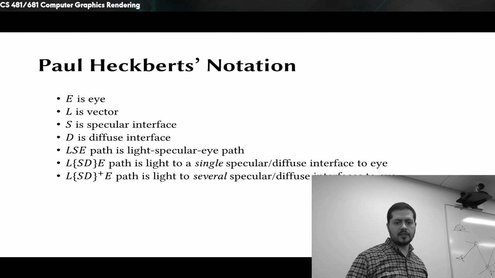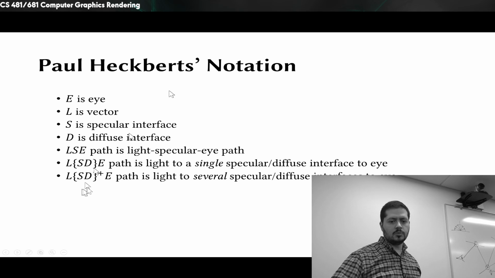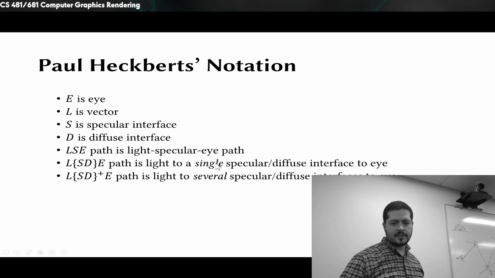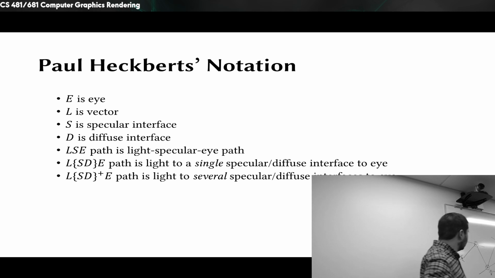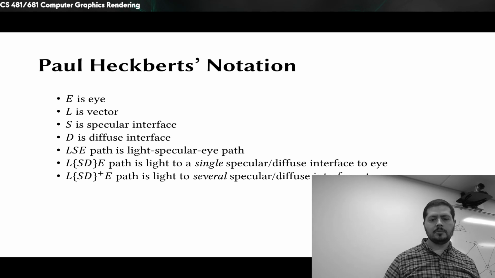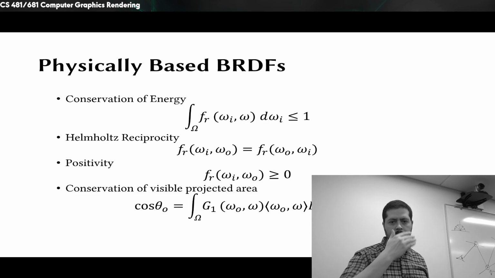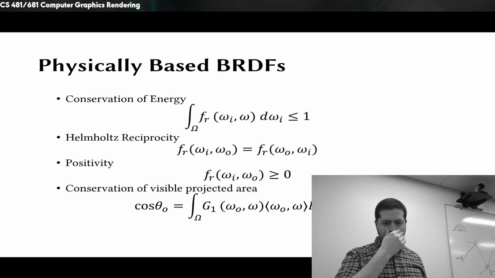All right, so I'm not going to talk too much about this today, but I just wanted to put this in as a reference of how we talk about single paths or several paths. So this one over here might be an example of an LD+SE type light path.